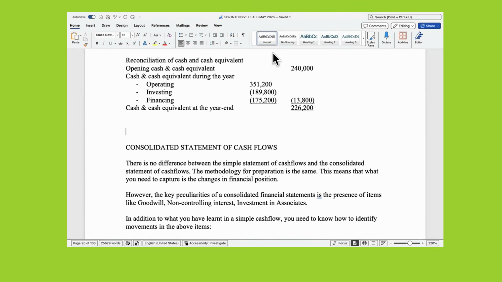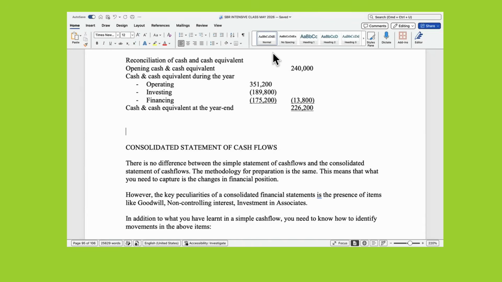It becomes so easy. I noticed that a lot of students for cash flows don't even know where to start from. Some people will just jump to operating activities and start second guessing things. They don't know how to move. They don't have a strategy. You need to understand that the first thing you do is identify all changes in position.